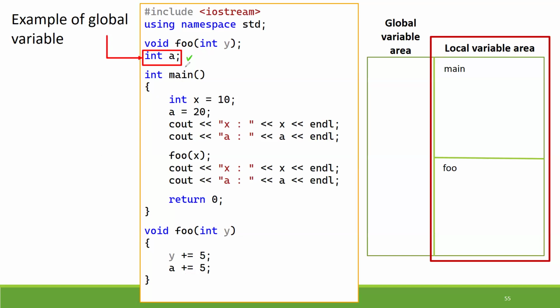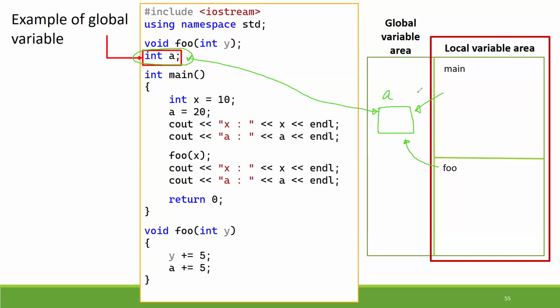This line is standalone. It is not in the main, it is not in the foo function. So when you run the code, the computer will see this first. So A is created in the global area. So main can see it. Foo can see it. This is global.